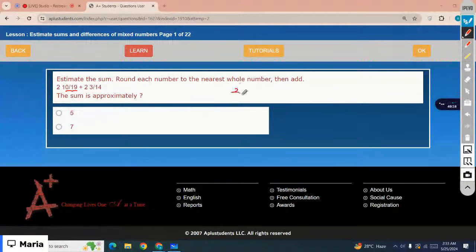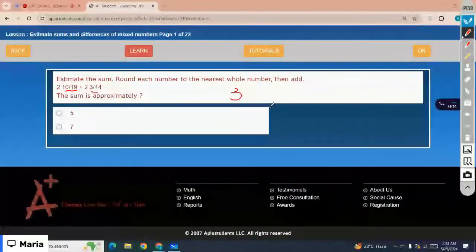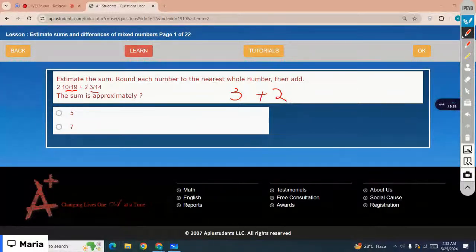So you need to round up, that would be rounded off to 3. Then you have 3 over 14, that is less than half. So you have to round on the same number. So that is 3 plus 2, and 3 plus 2 equals 5. So the correct option is 5. Option number 1 is the correct option.